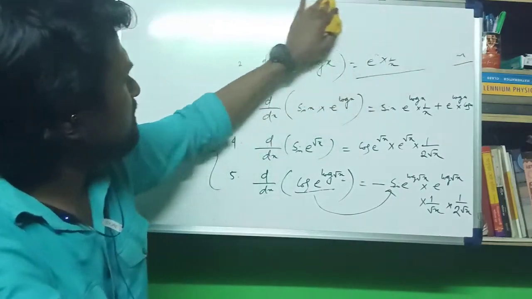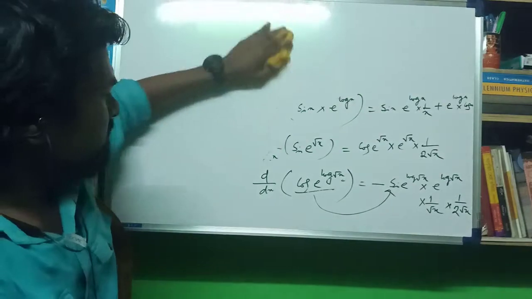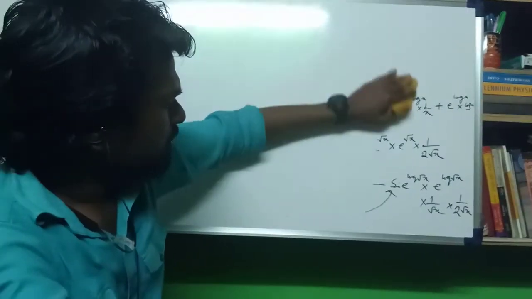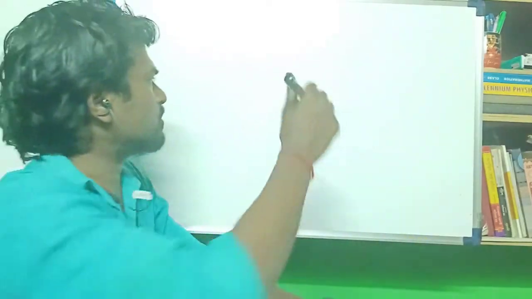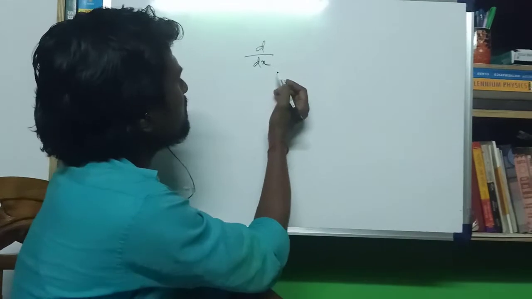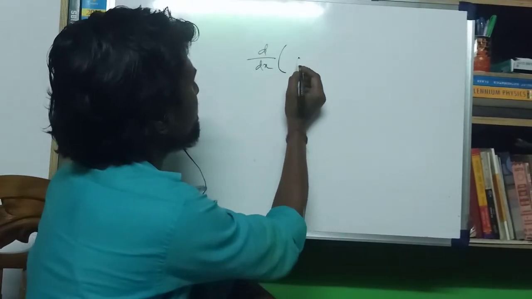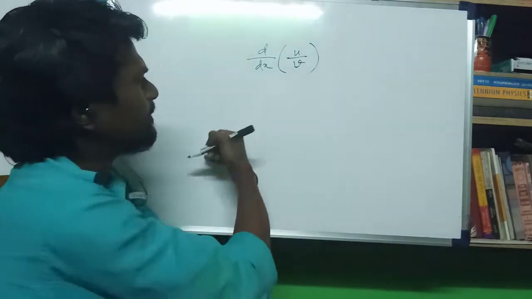Again, the most important rule is the division rule. So the division rule is most important, and it is in the form d/dx of u by v.